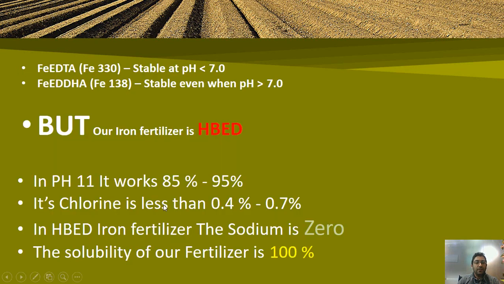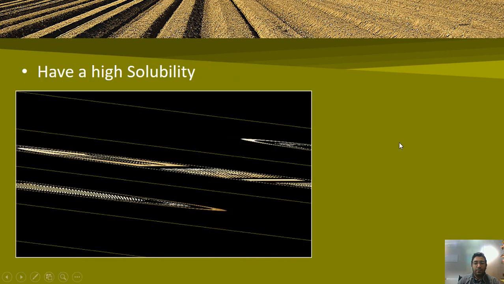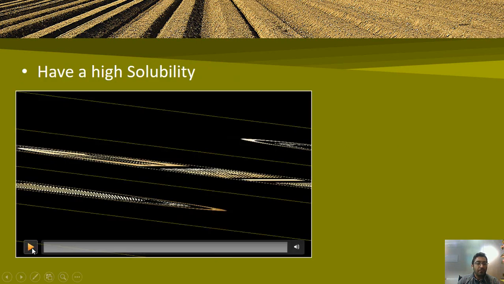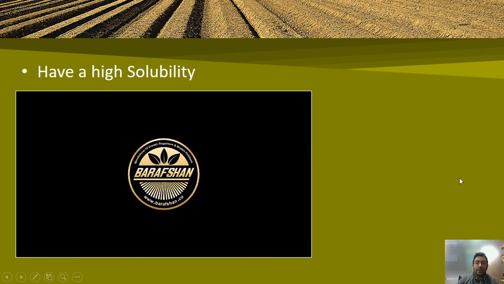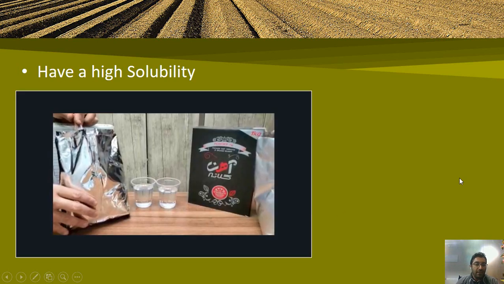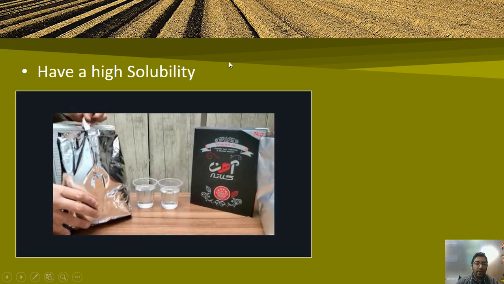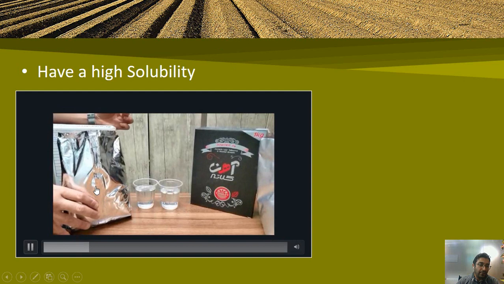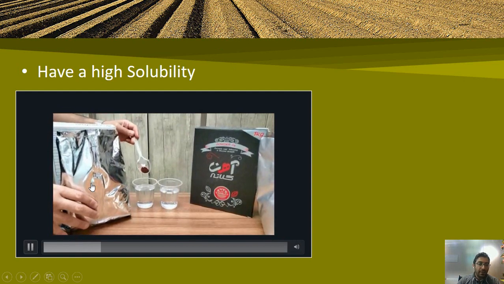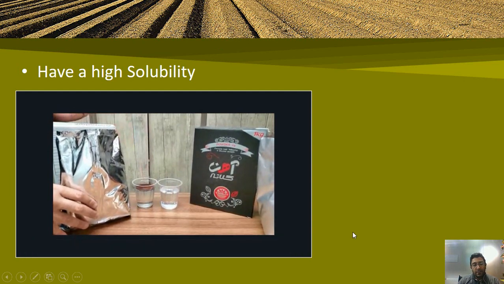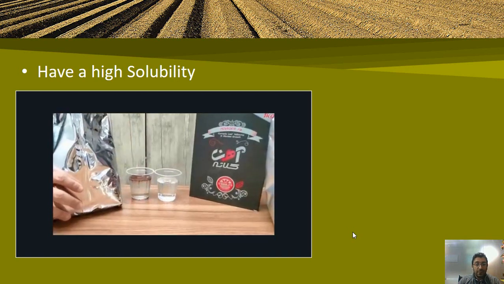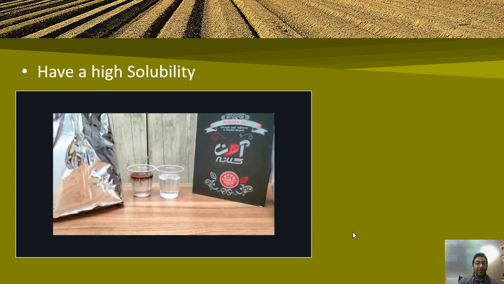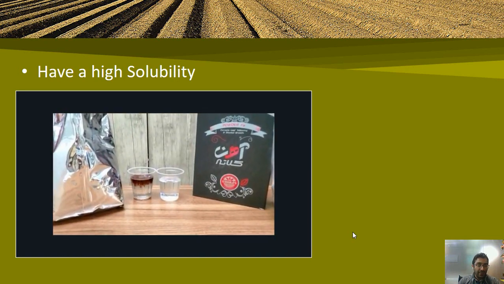You can see in this movie that we compared one of our fertilizers here and another fertilizer, a very good fertilizer in the market, here. The solubility of our fertilizer is really comparable with that fertilizer. You can see.